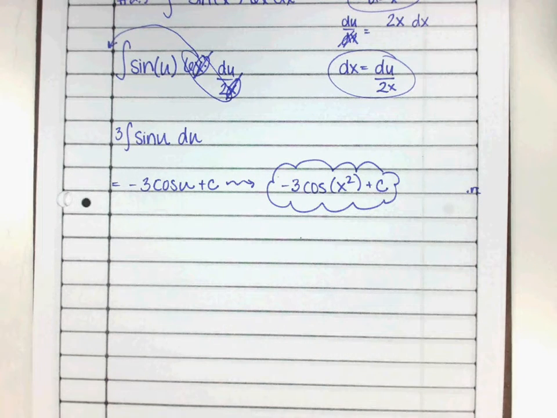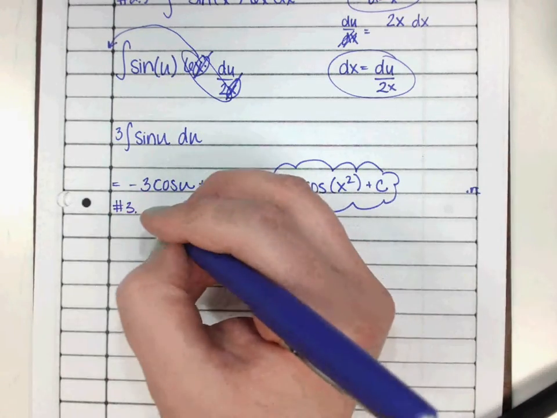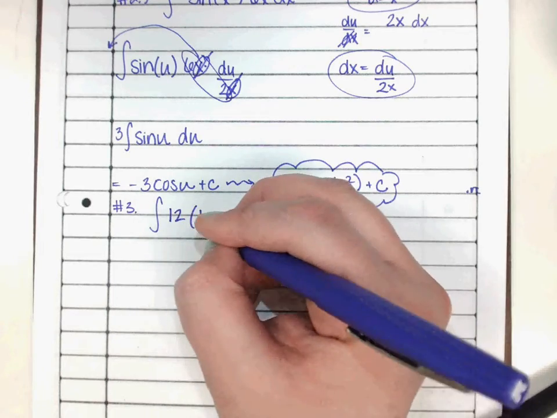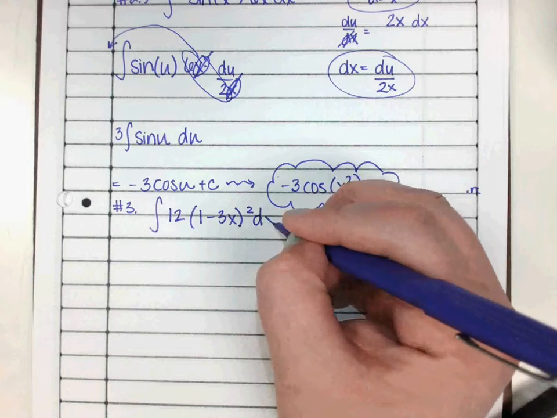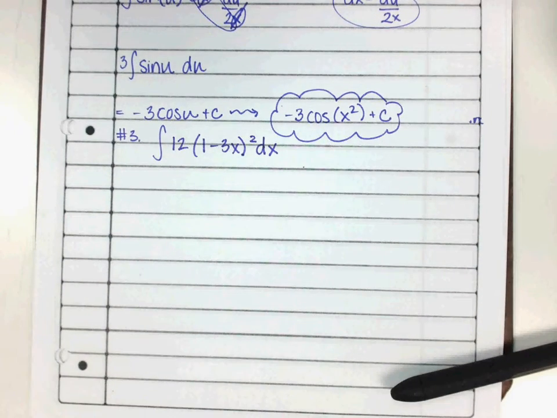Okay, the next one, number 3, is going to be the integral of 12 times (1 minus 3x) squared dx. Now, when I choose my u, you should notice that I'm always trying to pick a function inside another function.